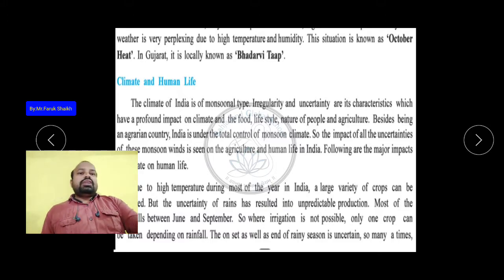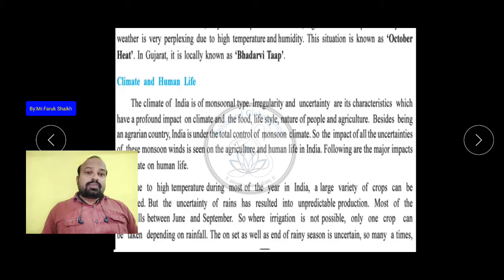So the climate of India is monsoonal type. Irregularity and uncertainty are its characteristics, which have a profound impact on climate and food, lifestyle, nature of people, and agriculture. The rain is irregular, uncertain. Because of this, the farmers of India are very poor, because there is no certainty that rain will come or not, whether heavy rain or less rain. So many uncertainties there.